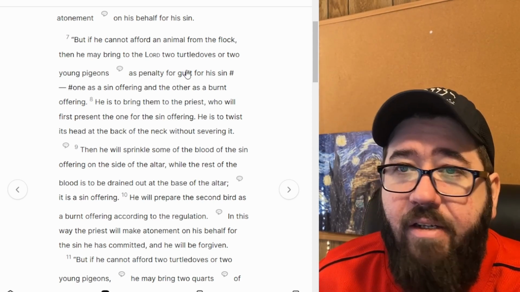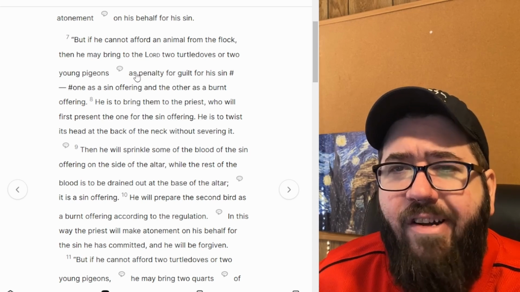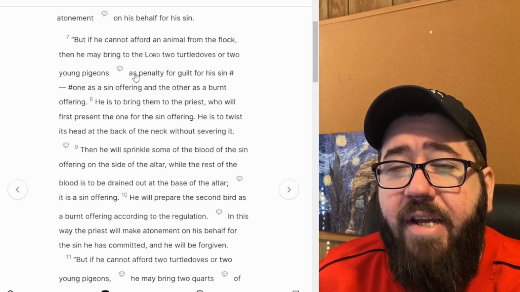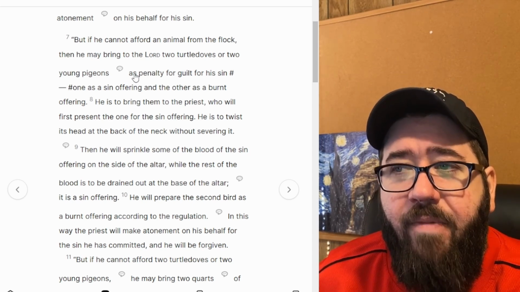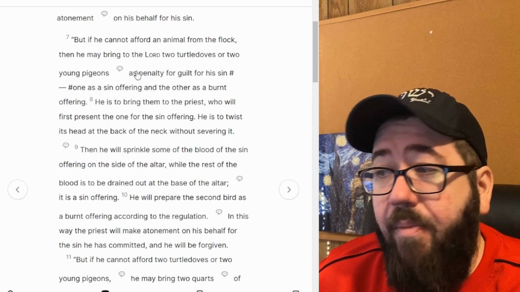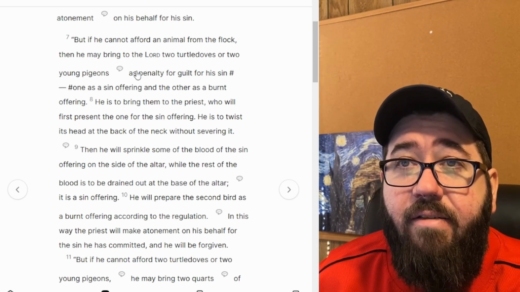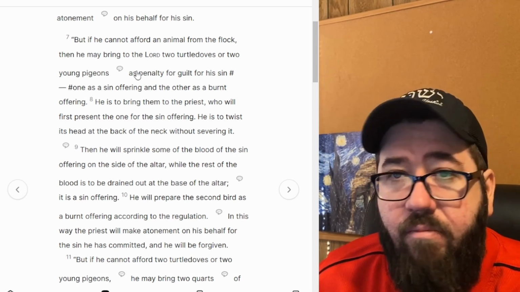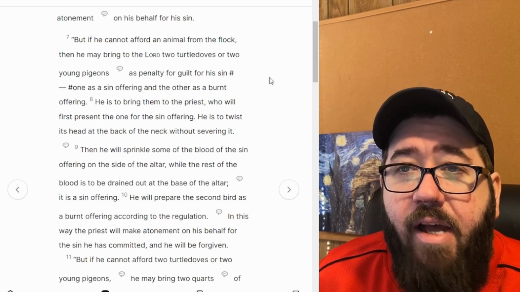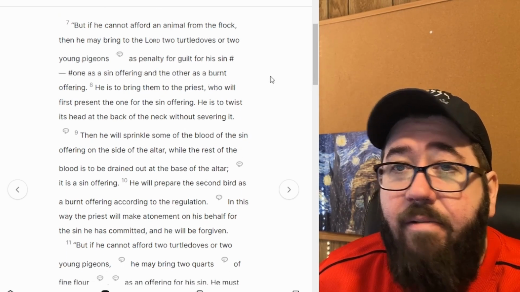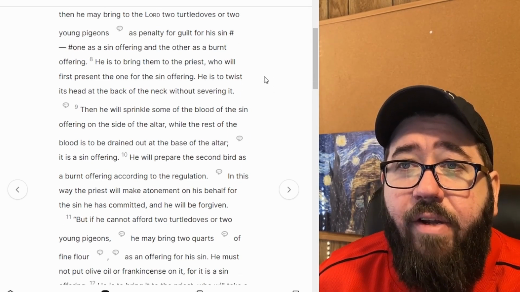This is going back to what we talked about yesterday, the idea that it makes it available for anybody. So being poor is not an excuse to not make atonement.